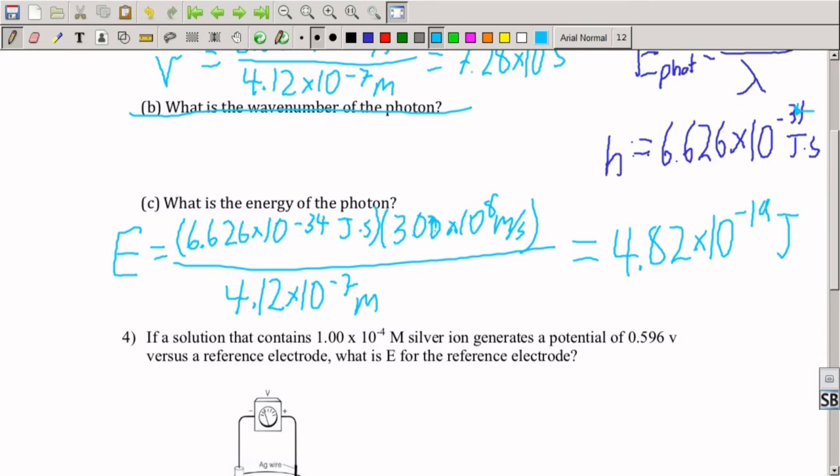Now, what if we pump a mole of those photons? How much energy do we get? Yeah, we multiply by Avogadro's number, 6.022 times 10 to the 23rd per mole.